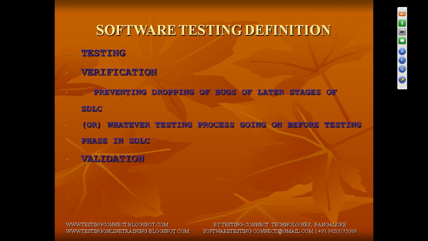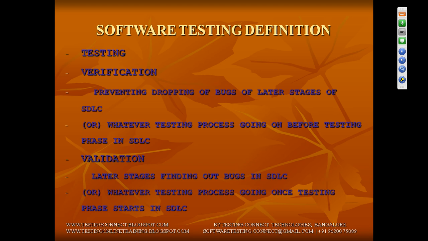Whatever testing process goes on once the testing phase starts is validation. So finding bugs in earlier stages is verification, finding bugs in later phases is validation. Like this you can define it.